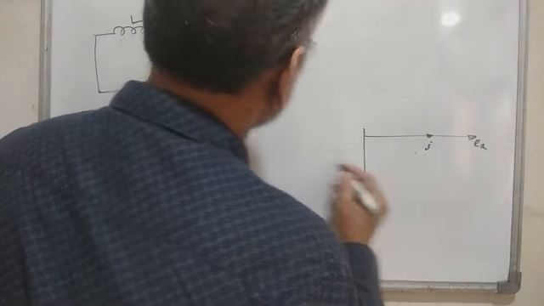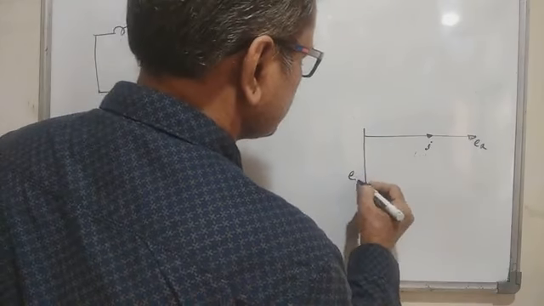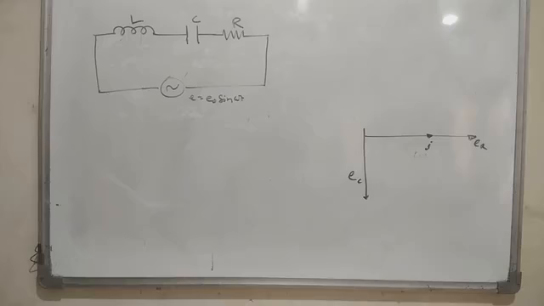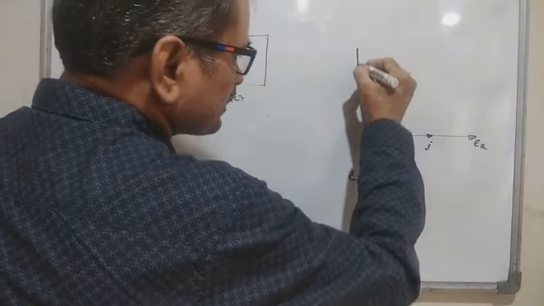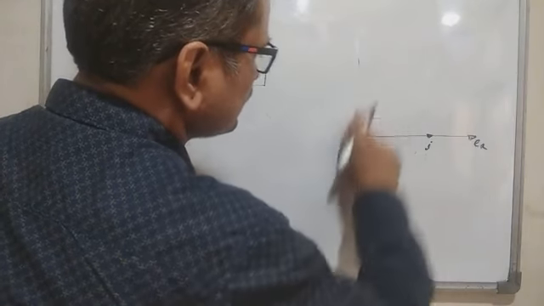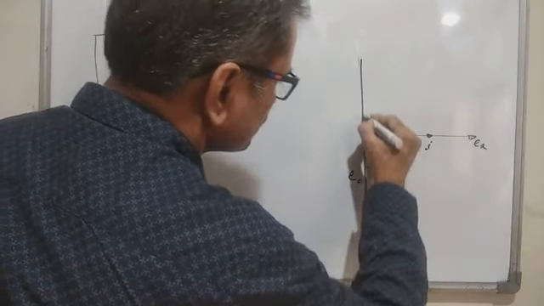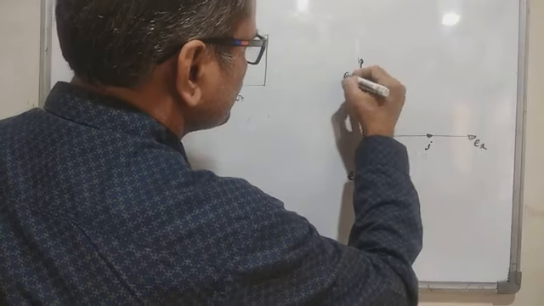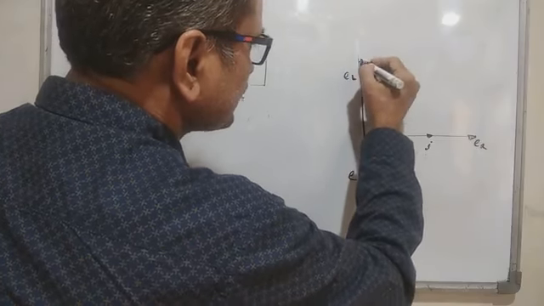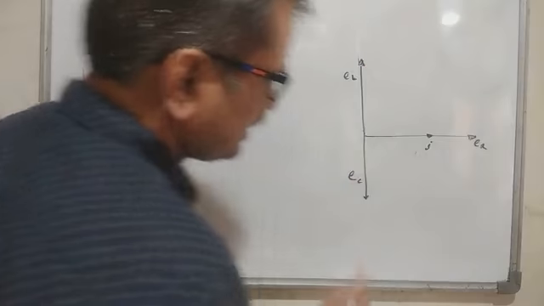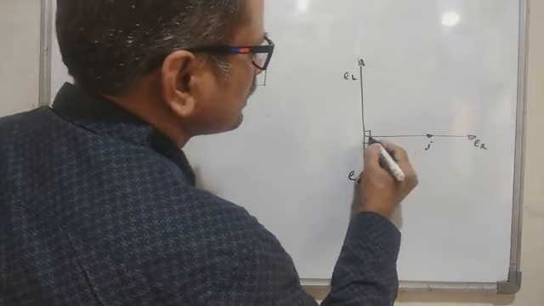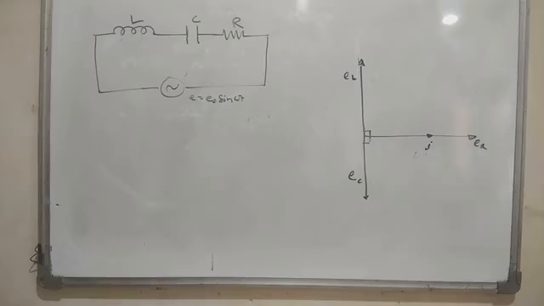EMF lags, so I'll put it like this, EC. And in case of inductance, this EL will lead and the current will lag, and all are lead and lag by pi by 2.